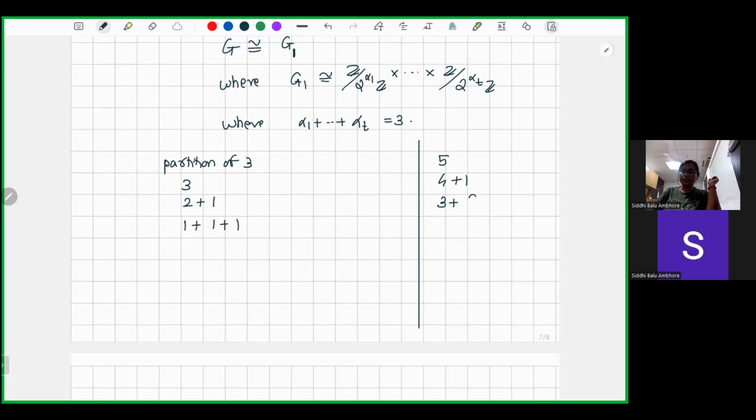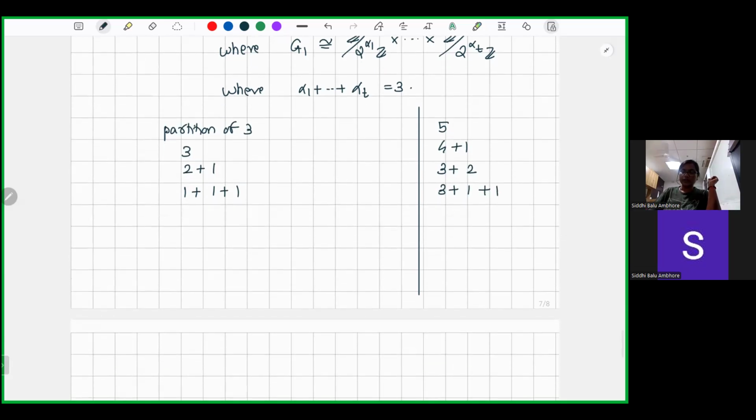Now I will go to 3. So it will be 3 plus 2, then 3 plus 1 plus 1. Now we'll start with 2. When I write a partition, all the numbers next to it must be decreasing. So 2 will be 2 plus 1 plus 1 plus 1, and this will be 1 plus 1 plus 1 plus 1 plus 1. So these are the only partitions of 5.